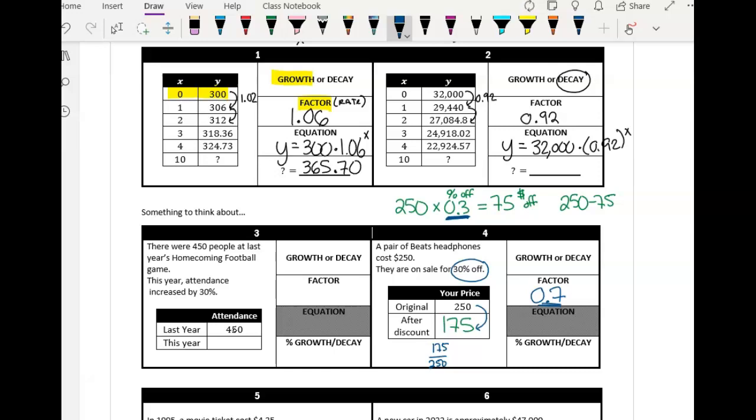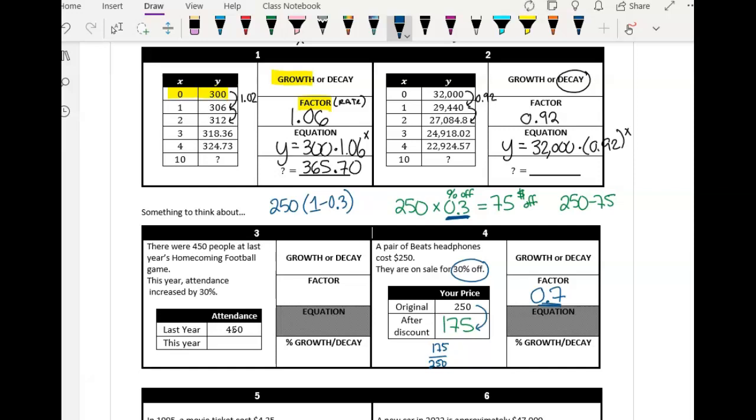To get to the new price, we had to take 30% off, and then subtract it and go from there. We could have just said, I'm not buying the whole thing anymore, the one whole. I'm taking off 30. And 100% minus 30% is that 70%. So there's where that factor is coming from.